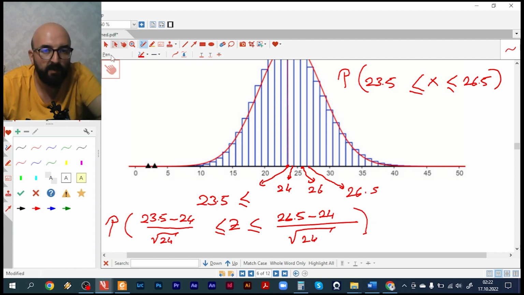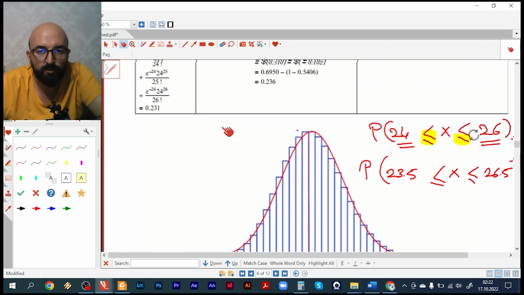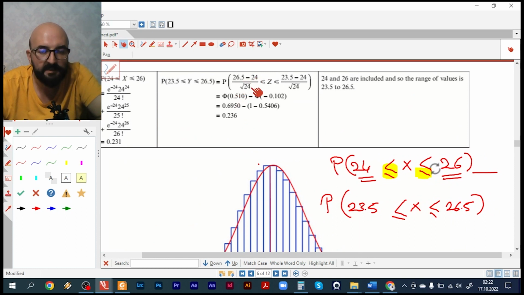Okay, now for the result, I want to look at the table. Please look again: 26.5 minus 24 over the square root of 24, and 23.5 minus 24 over the square root of 24. It means 0.51 and 0.102.